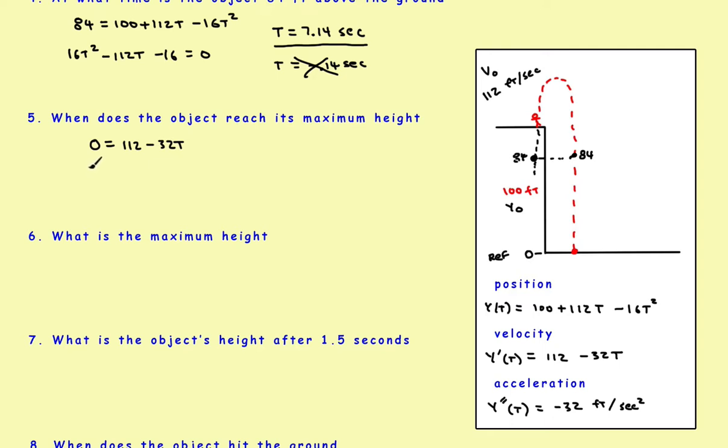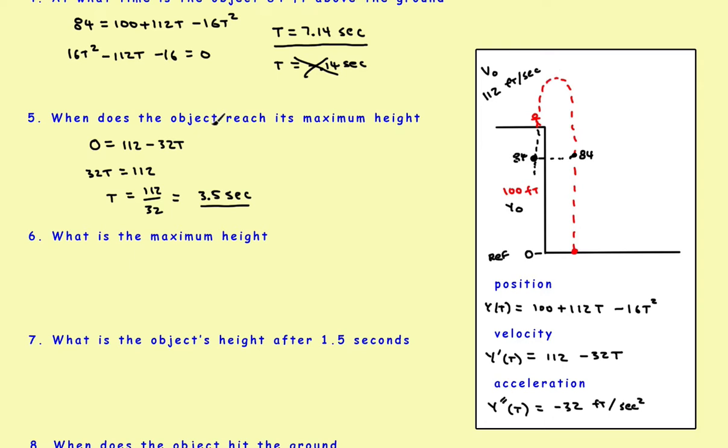So now solve this, and you'd have 32t is equal to 112, or t would be equal to 112 divided by 32. And 112 divided by 32 gives you 3.5 seconds. So 3.5 seconds after you threw it, it's going to hit its maximum height right there.